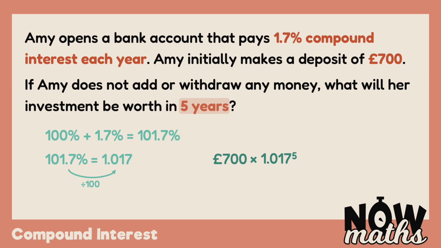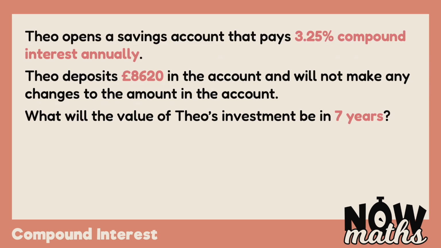This makes it one nice simple calculation for us to type into our calculator, and when we do so, we get this long decimal of £736 and so on. And then because we're working with money, we round this to 2 decimal places to give us an answer of £736.31.